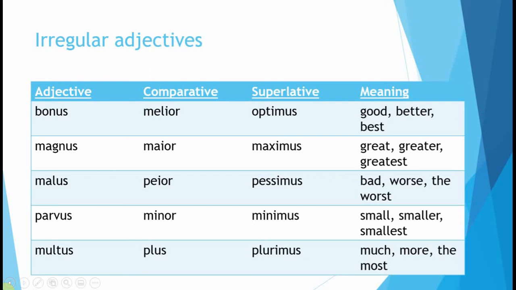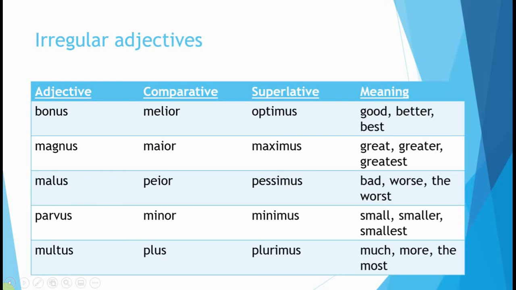Longior would be the comparative, and the superlative would be longissimus. You would expect an adjective to follow that pattern. But there are some adjectives that don't follow that pattern, adjectives that have different words depending on whether it is an adjective, a comparative, or a superlative.